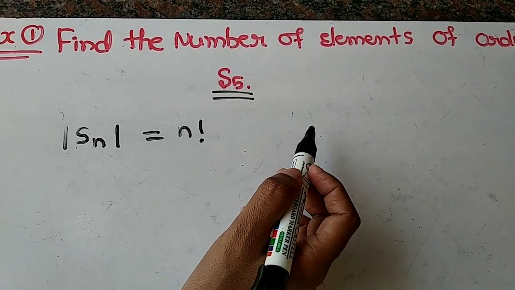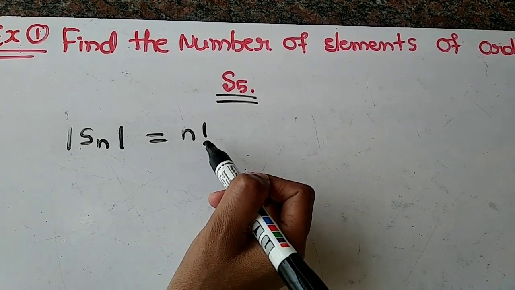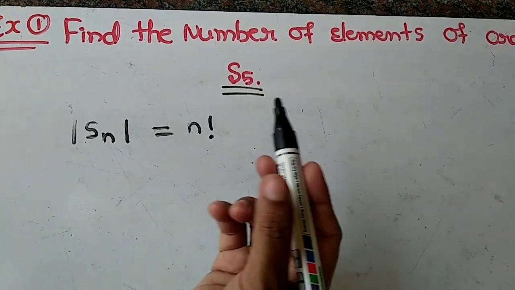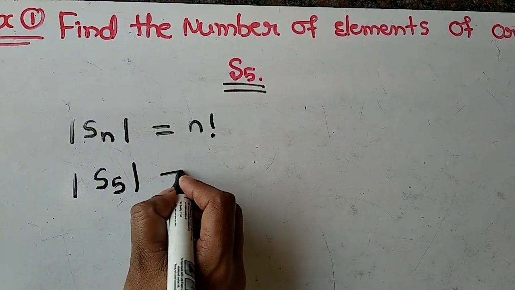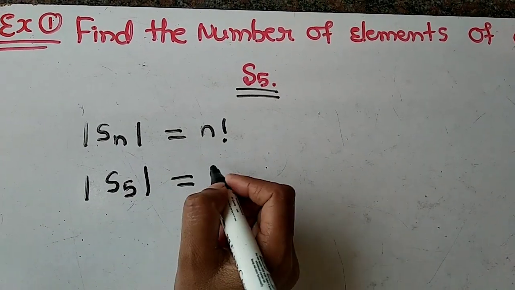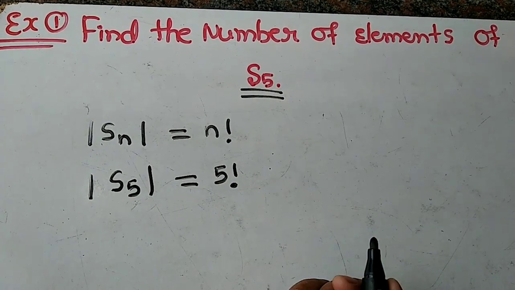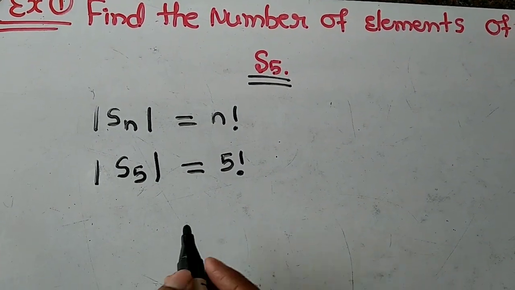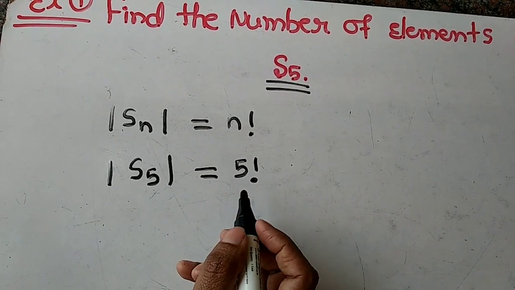But in the symmetric group, the cardinality of Sn is n factorial. Now my given group is S5, so the cardinality of S5 is 5 factorial.